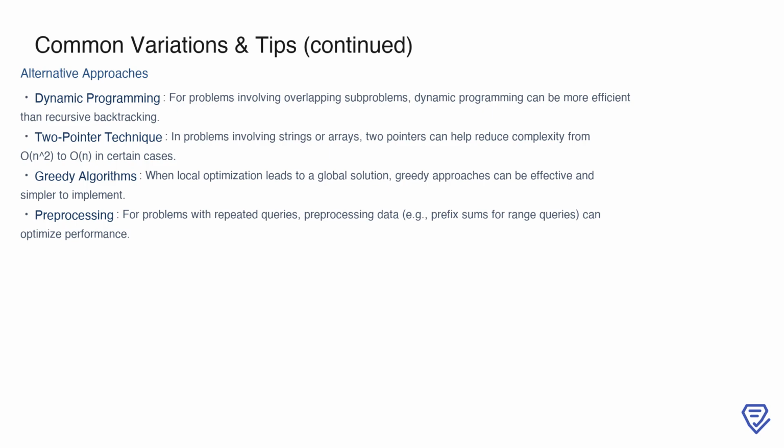These approaches are often simpler to implement and can perform well for certain types of problems. Lastly, pre-processing can be a game-changer for problems with repeated queries. Techniques like prefix sums for range queries allow you to compute results efficiently, trading off a bit of upfront computation for faster query resolution. By leveraging these strategies, you can expand your toolkit and tackle a wider variety of challenges more effectively.